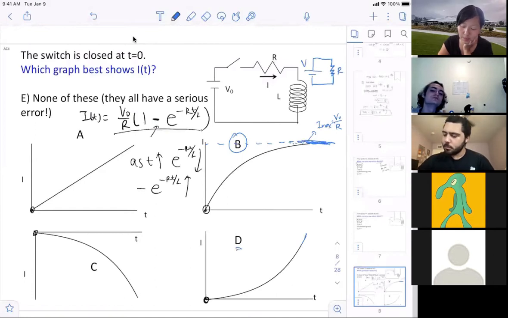So does that make sense? Does it make sense that after a long time, my circuit is no different from having a battery and a resistor? Is that consistent with your understanding of the behavior of an inductor?